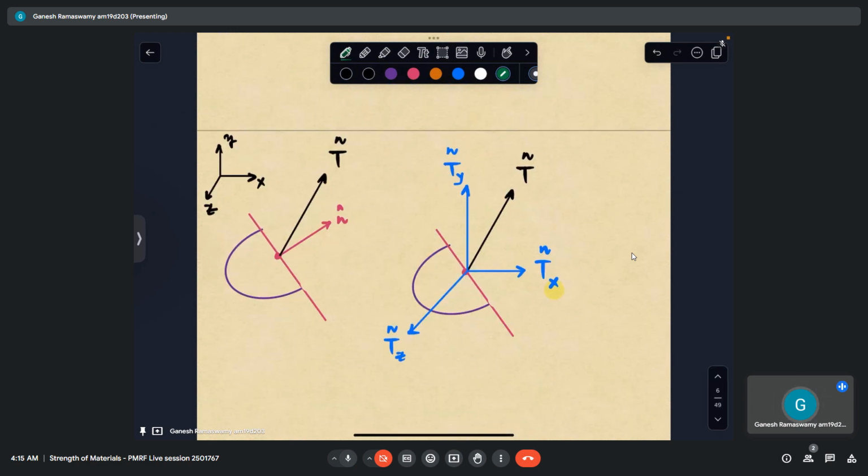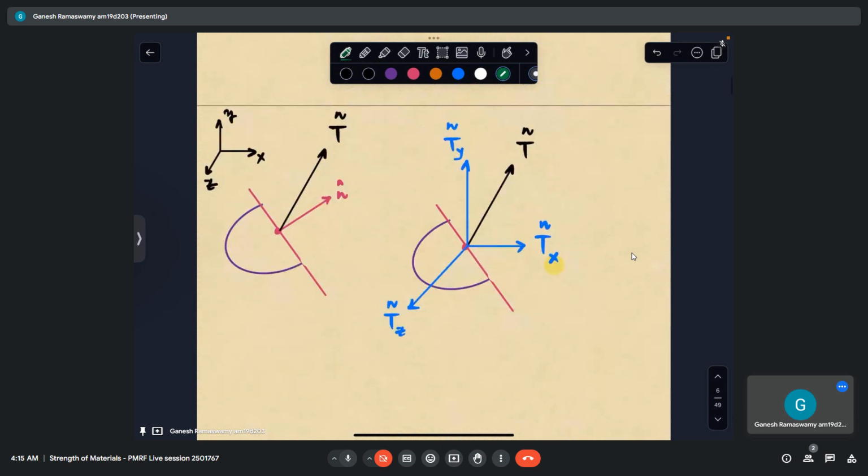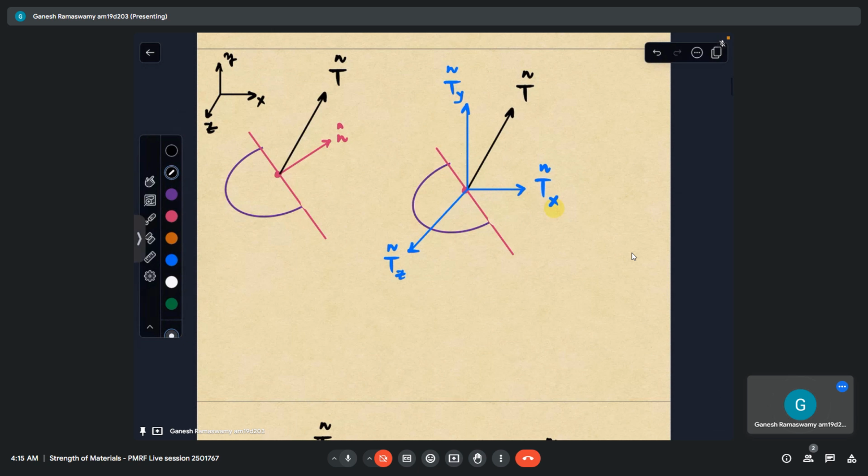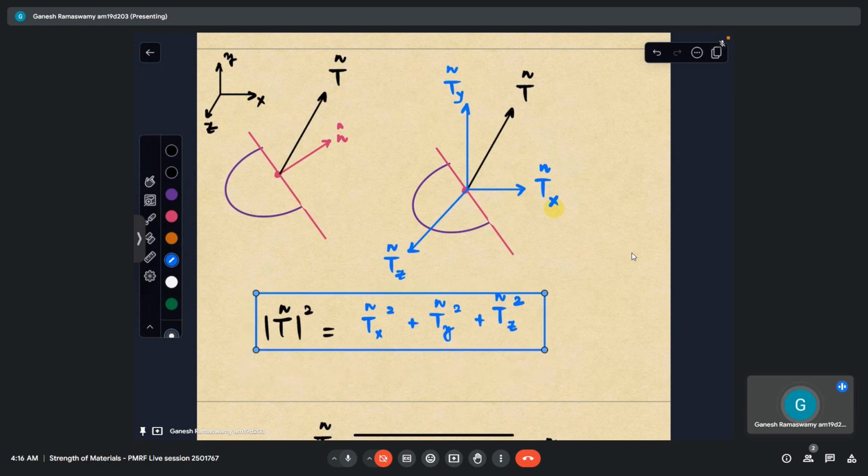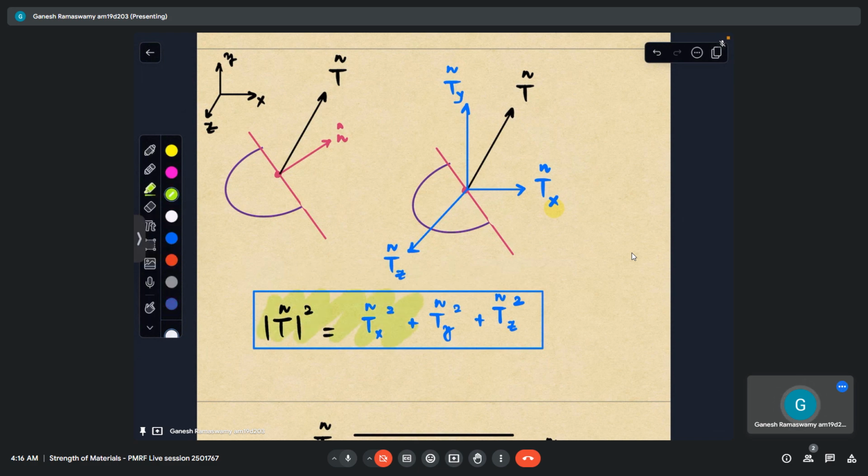So with these two discussions, we have resolved Tn into the three Cartesian coordinate bases, basically x, y, and z. From this diagram, we can conclude that the square of the magnitude of Tn is nothing but the sum of the squares of its components: Tnx squared plus Tny squared plus Tnz squared. This is one result we have got from decomposing our stress vector along the xyz coordinate system.